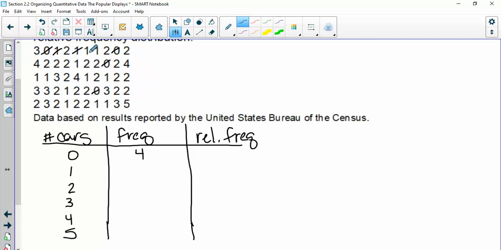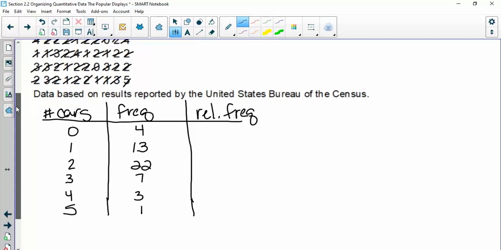And 1. So you guys all remember how to do those?